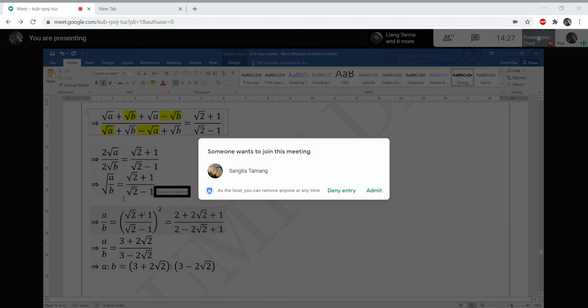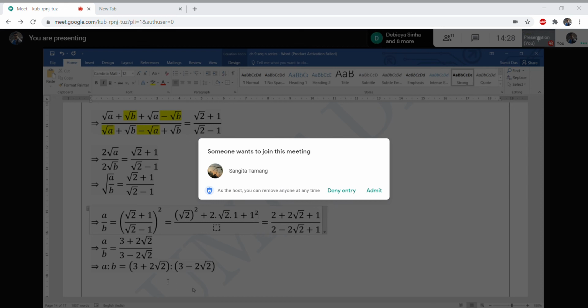So it is the (a plus b) whole square formula, right? Let's write the formula. It will be square root of 2 whole square plus 2 into square root of 2 into 1 plus 1 square.